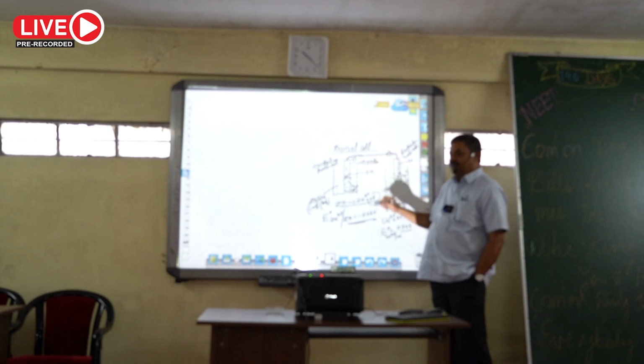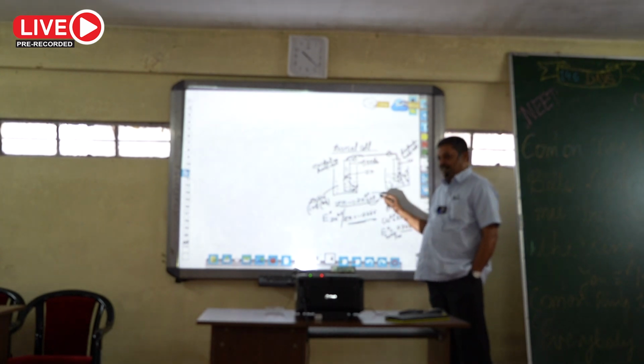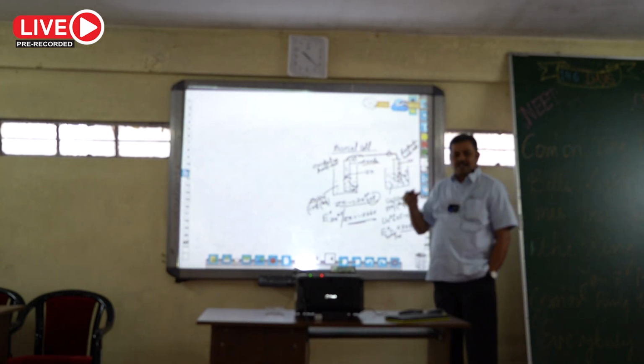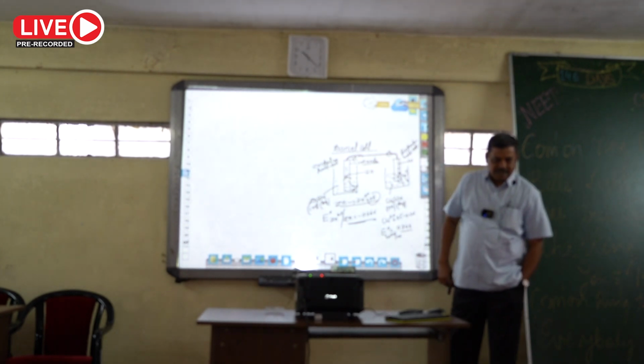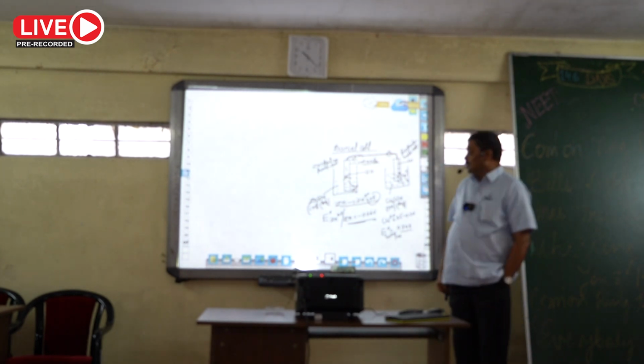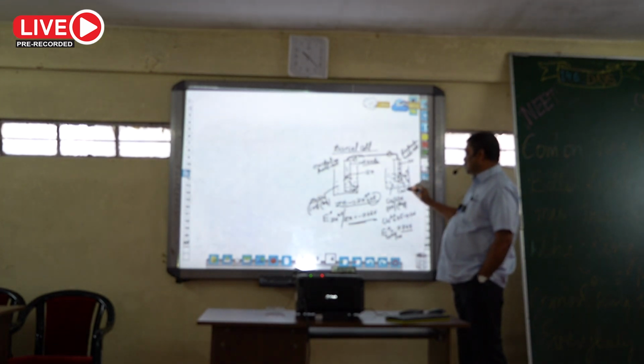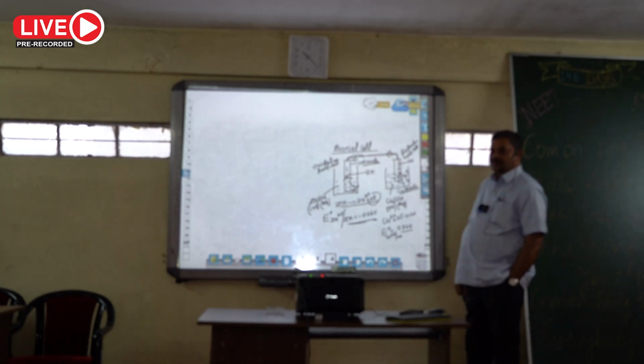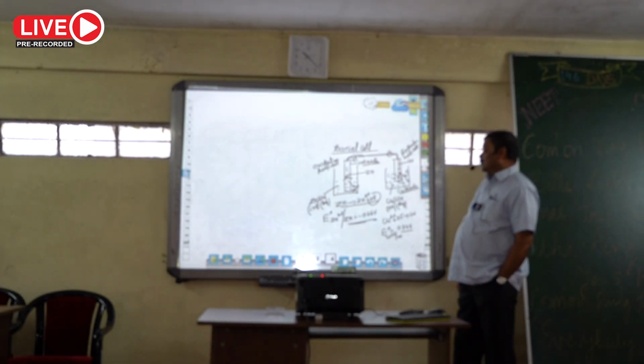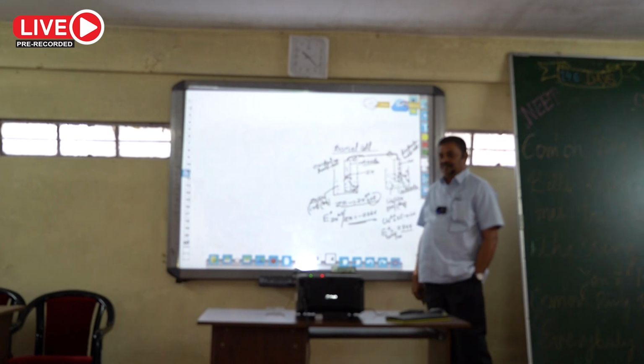Why is it called anode? Because oxidation occurs. Oxidation always occurs at the anode. Reduction always occurs at the cathode. This is the cathode. But why is it given a negative sign?